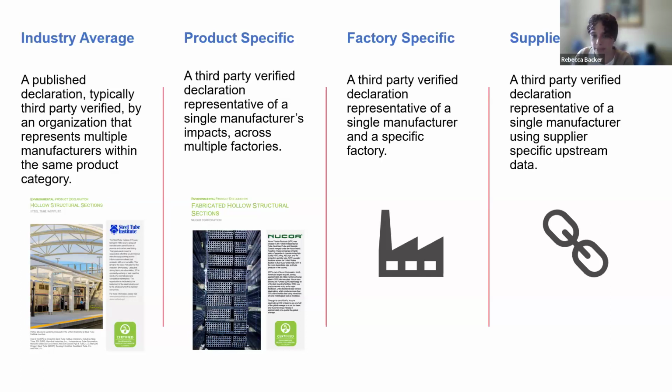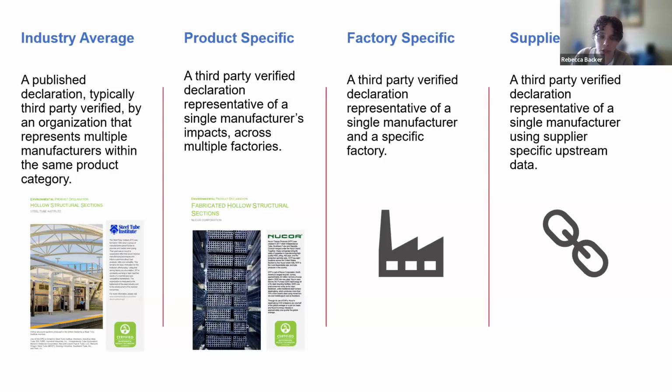From there, growing in specificity, you then have a product-specific EPD. And this EPD reports the environmental impacts for a specific product made by one single manufacturer. If the product, though, is made at multiple facilities, even if it's by one manufacturer, the impacts for that product are typically averaged across all of the facilities that are considered to be in scope.